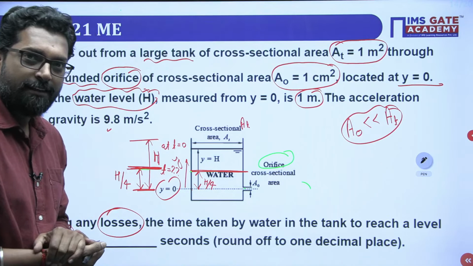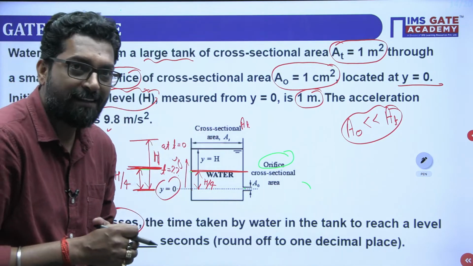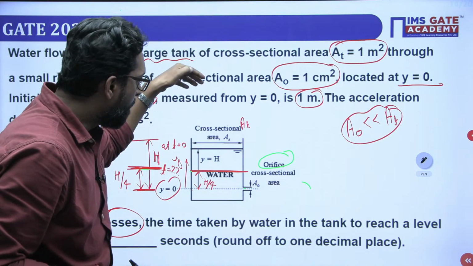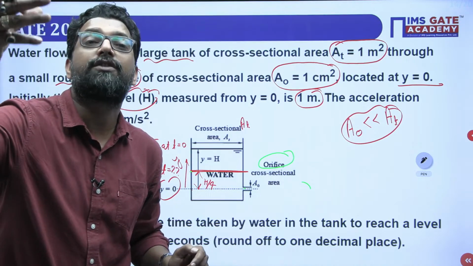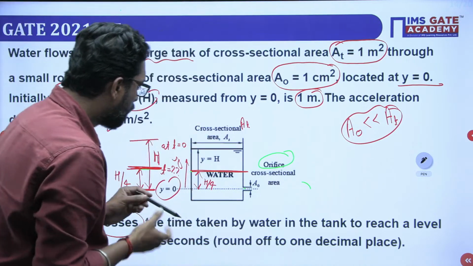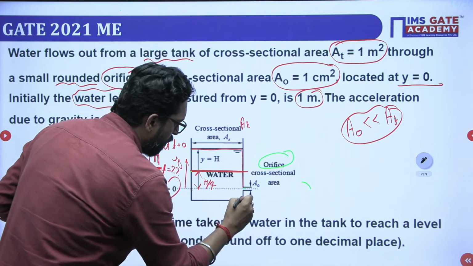No, conservation of mass. What is the conservation of mass? Mass in, mass exit is equal to the rate of change of mass of a control volume. So this is your control volume.